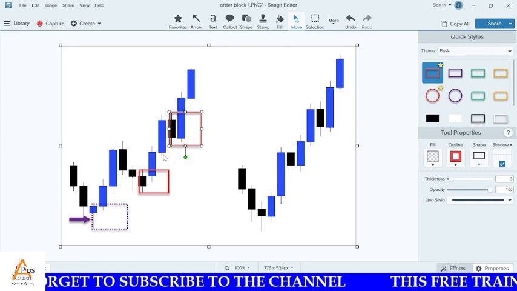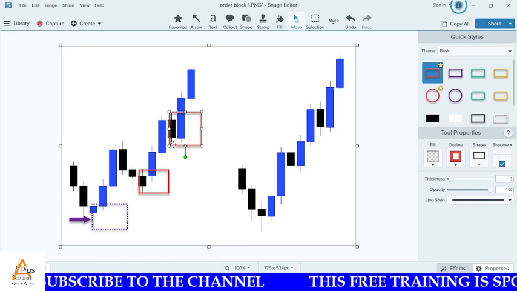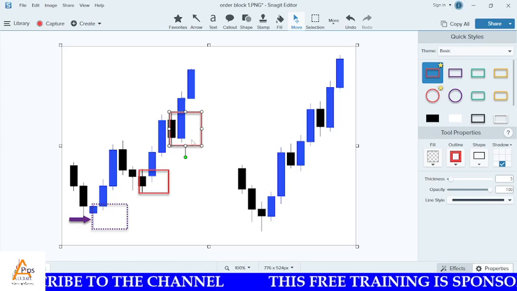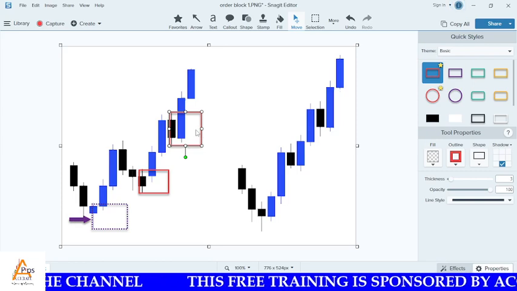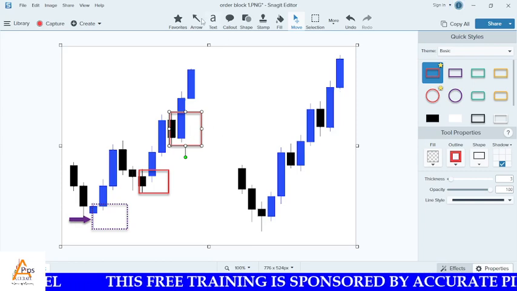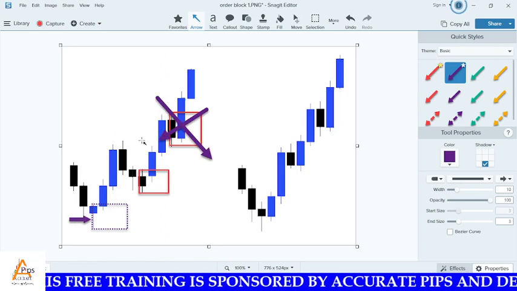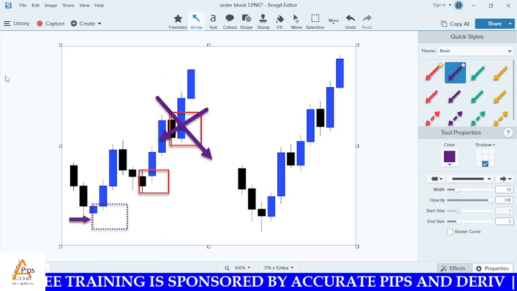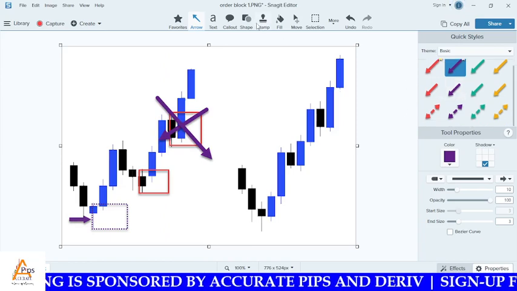And as long as he didn't take the low of the previous candlesticks, we are not considering it as a valid order block. All right. So this guy here is not a valid order block.